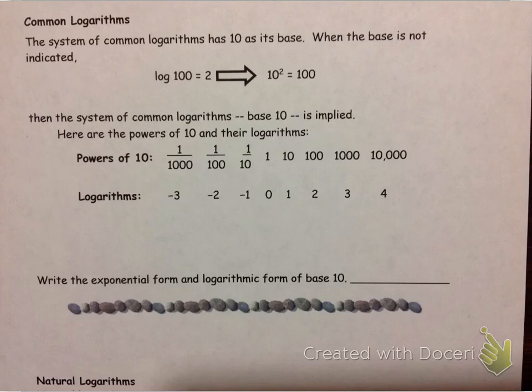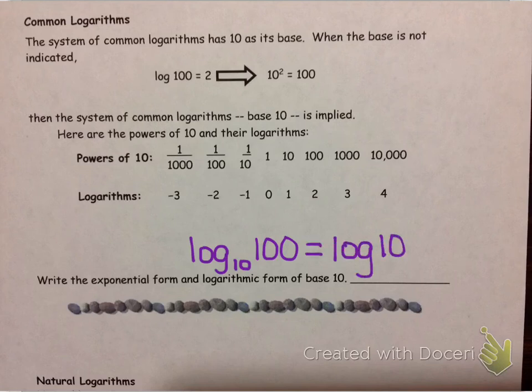So the common log is a log with a base of 10. So if you ever see a log base 10, let's do something simple like 100. Okay, it's not going to be written like that. You're very rarely, if ever, going to see that base of 10. The way that we would just write it is log of 100.